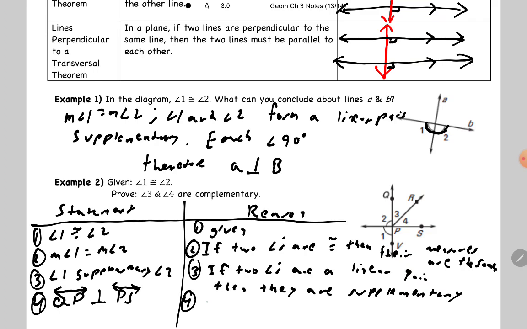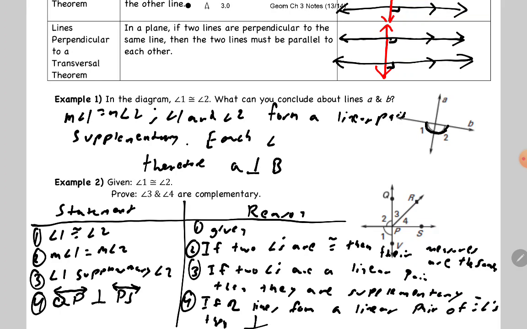And that comes from if two lines form a linear pair of congruent angles, then the lines are perpendicular.